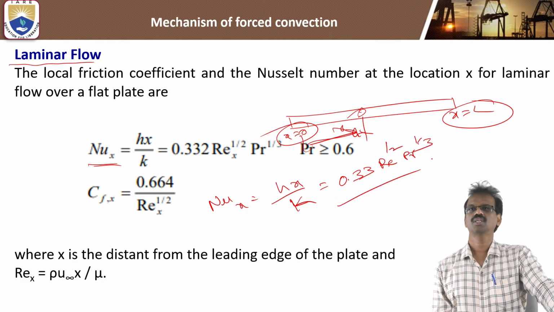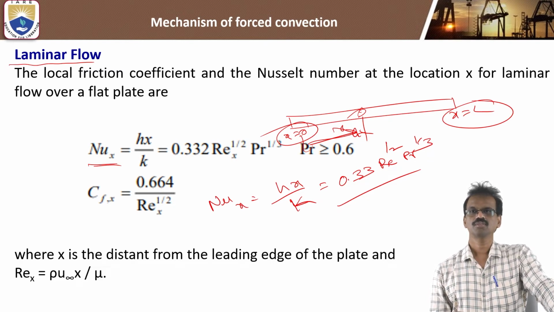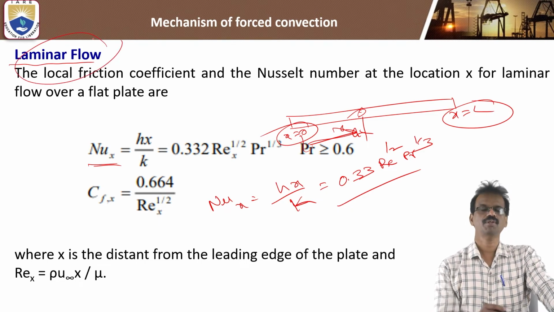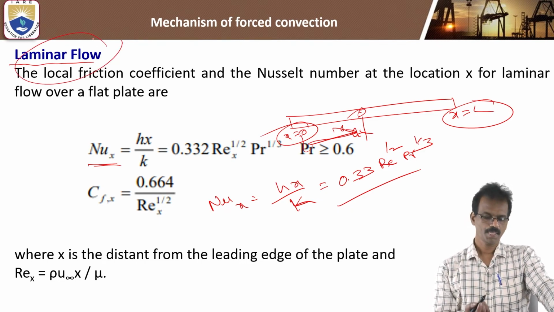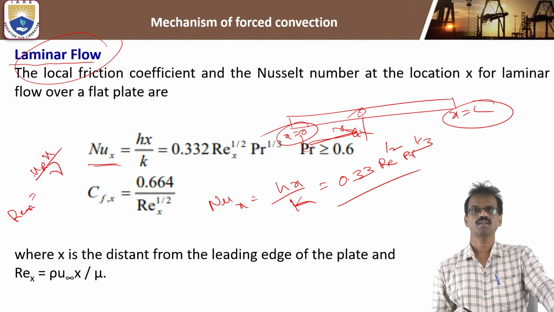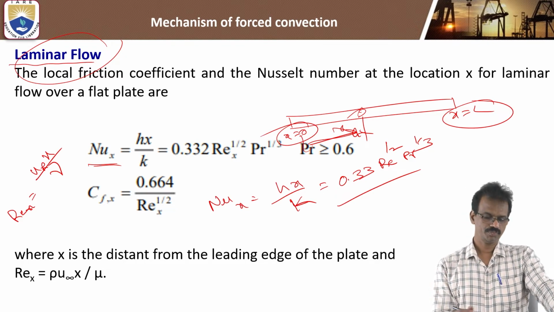So how to remember these formulas? You know that the type of flow is identified by the Reynolds number. You know the formula for the Reynolds number: Rex is equal to U infinity x by mu, or rho U x by mu also.